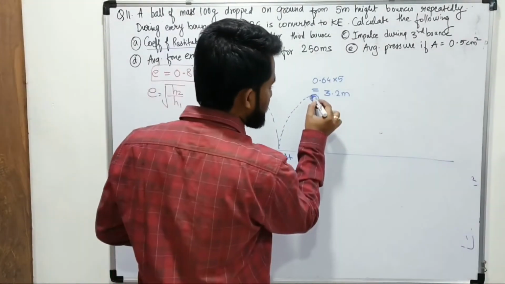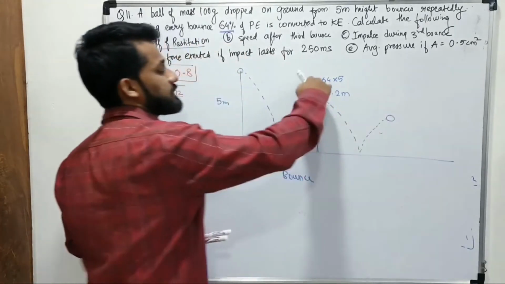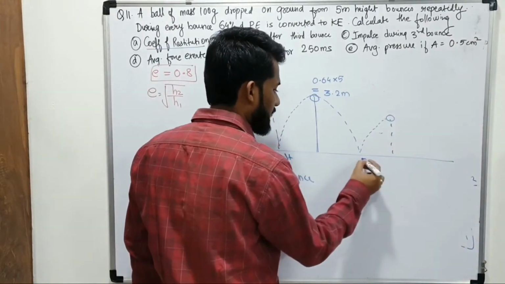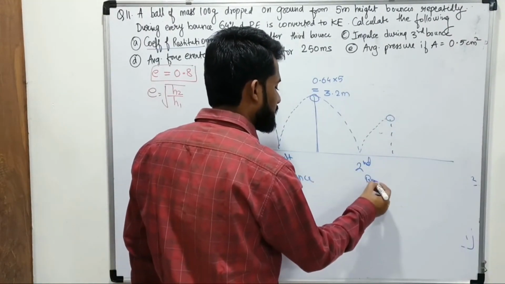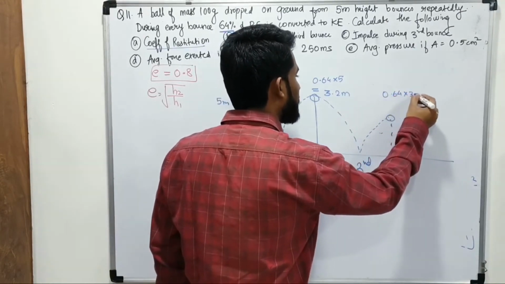What will happen after the second bounce? After the second bounce, it won't come to the same height of 3.2. It will bounce to a smaller height, and this is the second bounce. After the second bounce, the height will be 0.64 into 3.2.